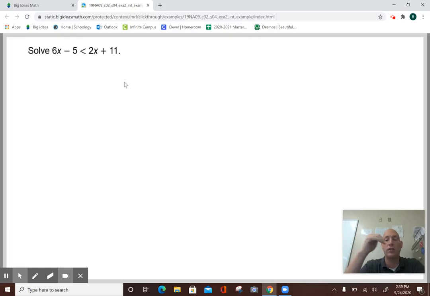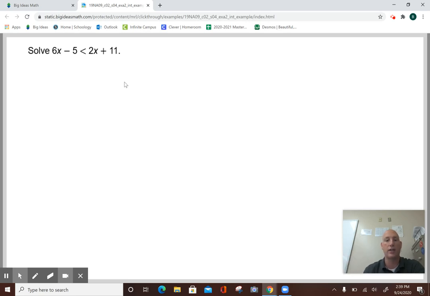If you solve something like that and the variables dropped out, then you know that you have no solution, which means you would not shade anything on the number line because none of the numbers work. You could get something like 6 is greater than 2. Well, that's always true. If that happens, then every single number is a solution and you would shade in the entire number line. Okay?